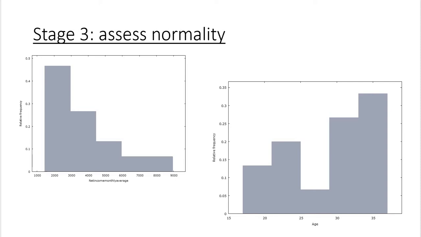However, you know visually what normal distribution is supposed to look like. So you remember bell shape, symmetrical, and this is not the case. So even though we cannot really compute this distribution for education variable because it's not continuous, in case of net income and age, the distribution is not normal either.